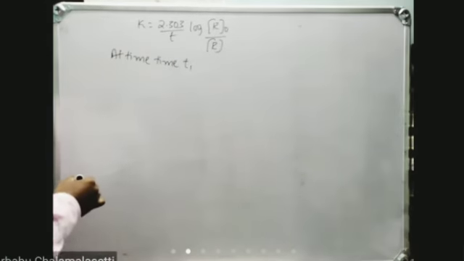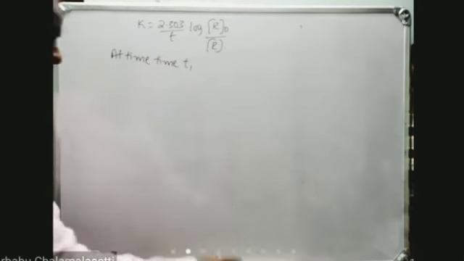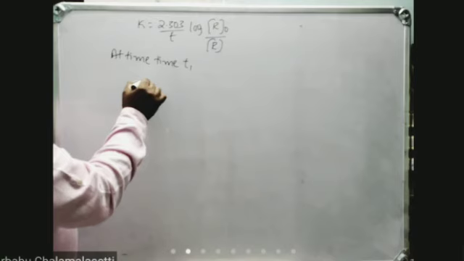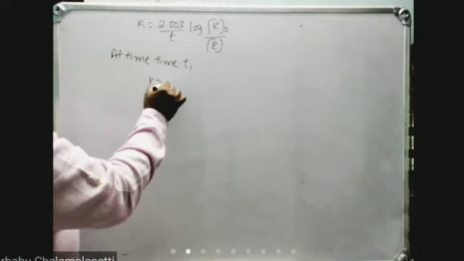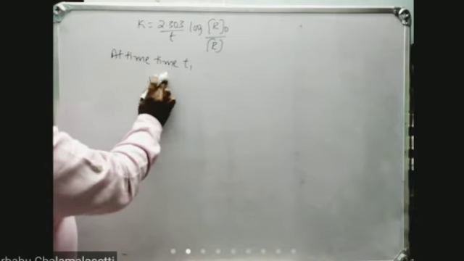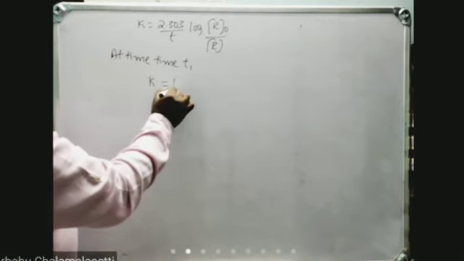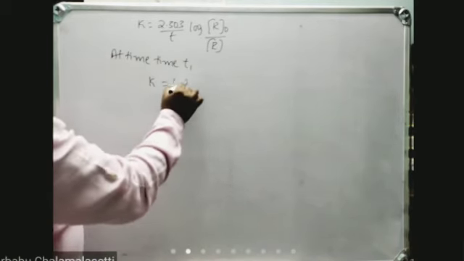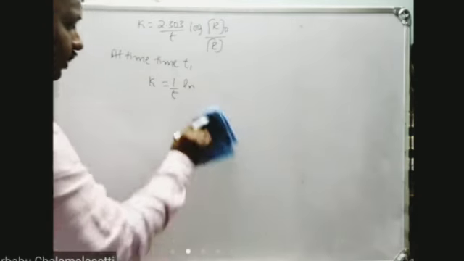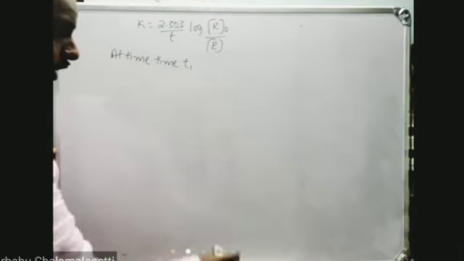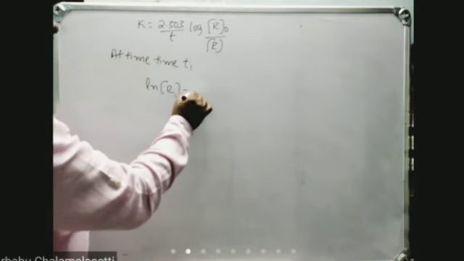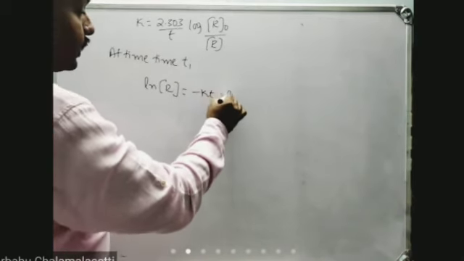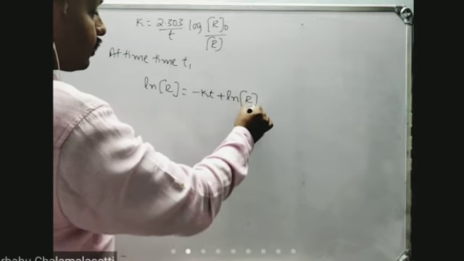Instead of this, it is better to take another equation, the basic first equation: ln R is equal to minus kt plus ln R naught.